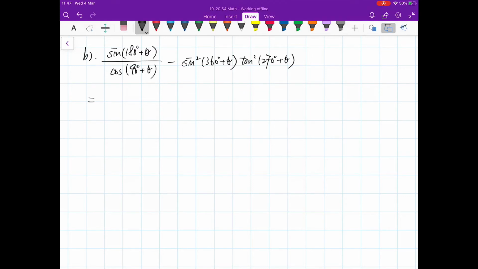For the first part, we do the transformation. Sine 180 degrees plus theta becomes negative sine theta.